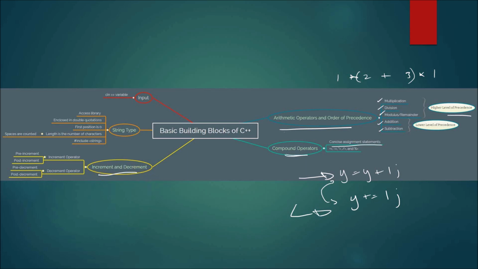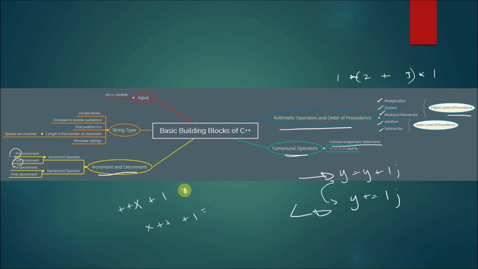Here we have what are known as the increment and decrement operators. They each have their pre and post, increment being increase and decrement decreasing. Pre and post, what we mean here is we can say plus plus x or x plus plus.